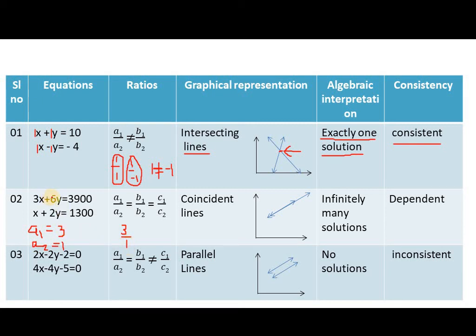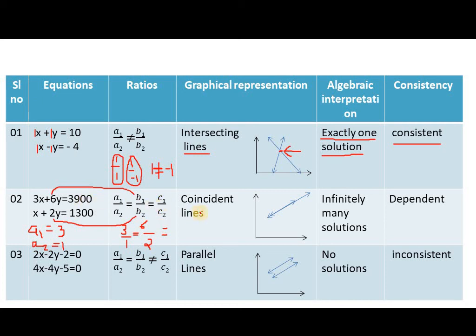And here b1 is 6 and b2 is 2. So b1 by b2 is 6 by 2.